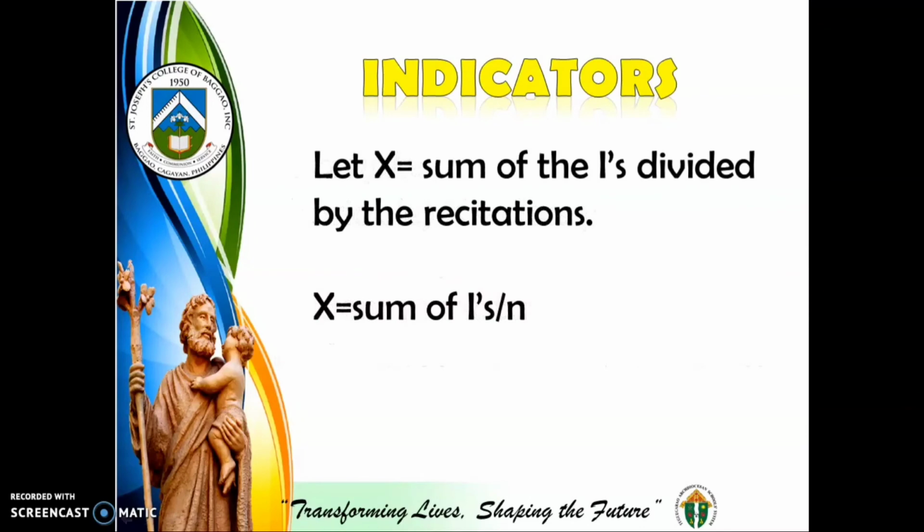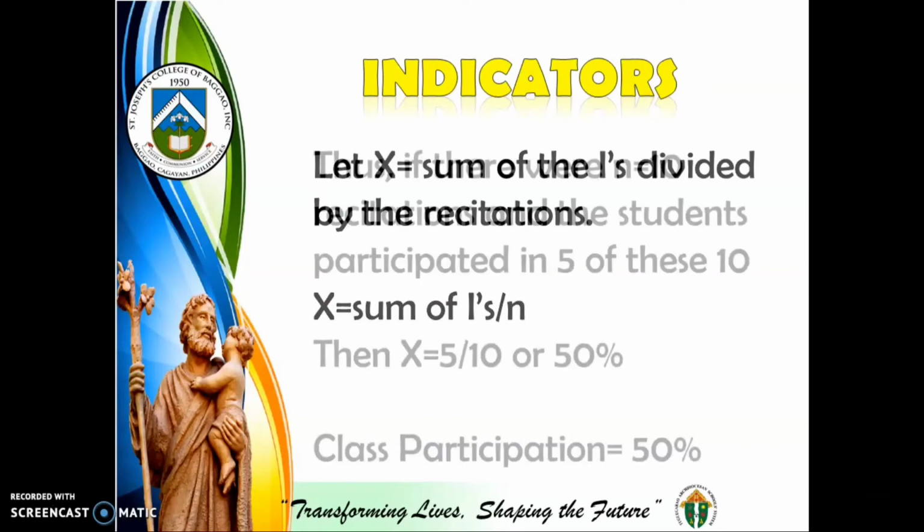Then let X equal the sum of the I's divided by the small letter n, or the recitations. Or let the class participation X equal the sum of participation of the student in recitation, or I's, divided by the total number of recitations, or small letter n. So X is equal to the sum of I's divided by n.